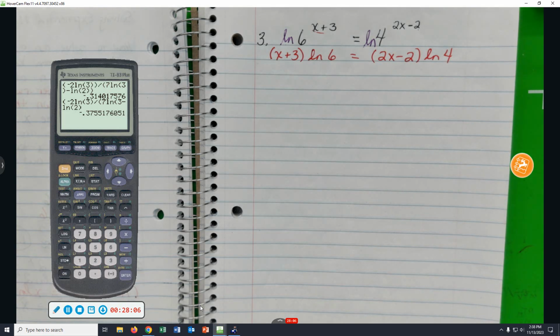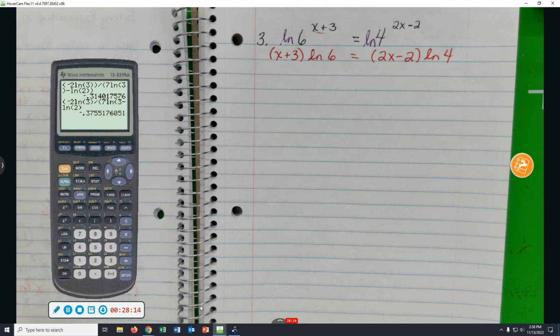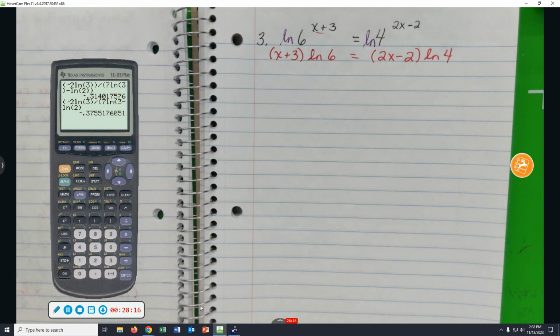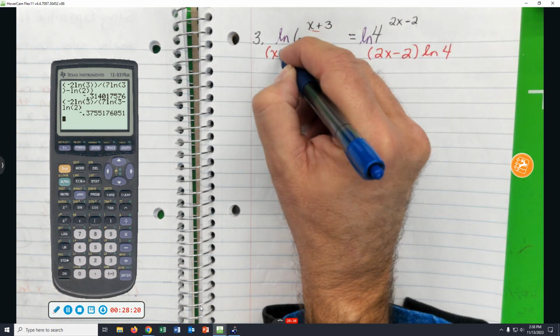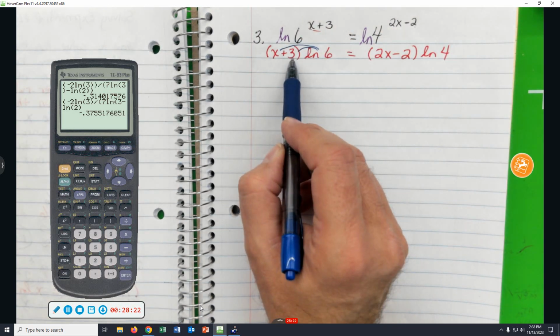Are we going to have to distribute on this? Yes. Don't let the distributing bore you too much. Just stick ln 6 after the x and after the plus 3.